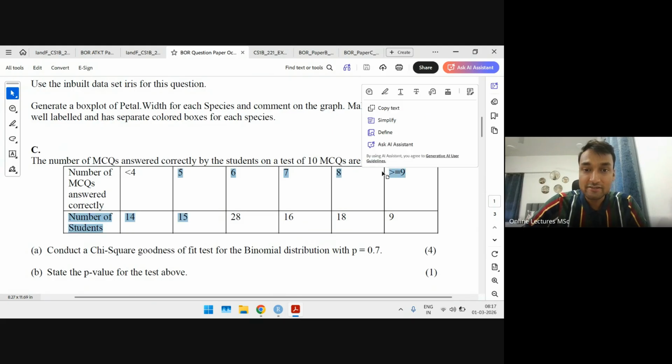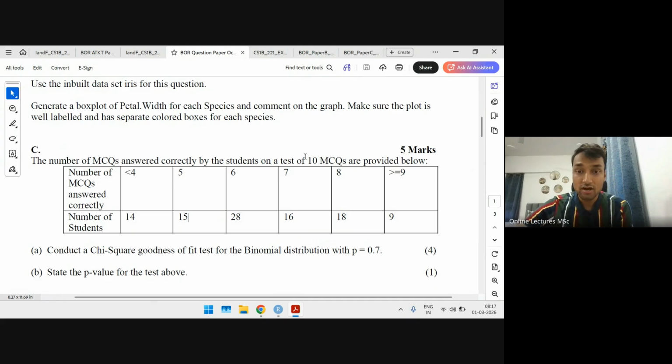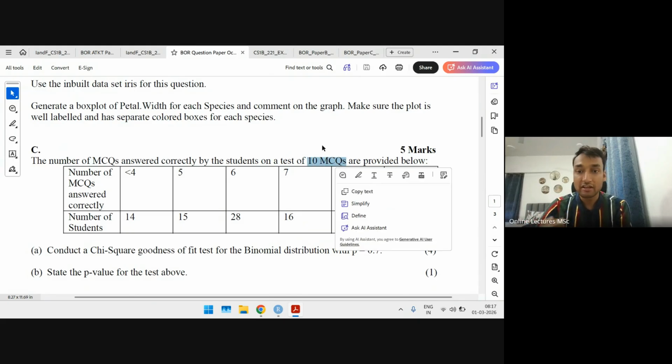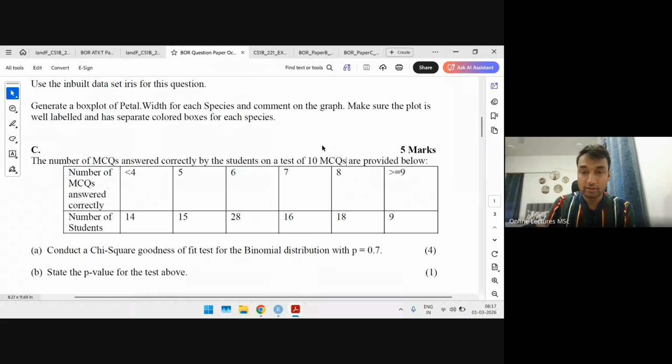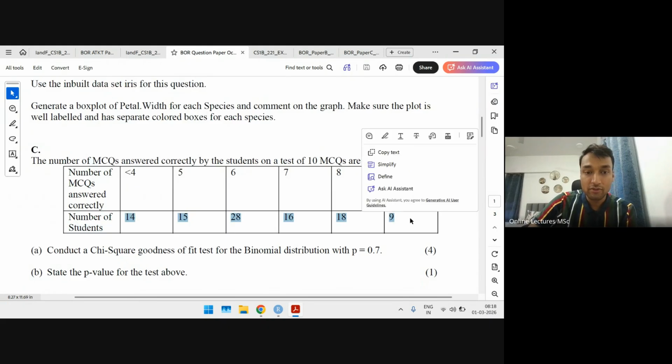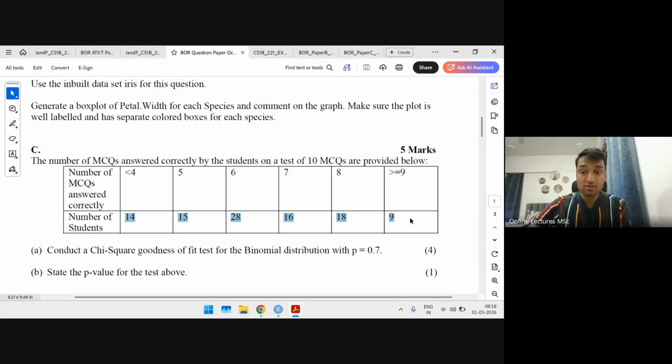Here the experiment is with respect to how many trials every student is making. Since every student attempts 10 MCQs as part of the test, every student is performing one experiment. Hence, my n stands as 10. This does not stand for the parameter n of the binomial distribution, because this is nothing but your frequencies.